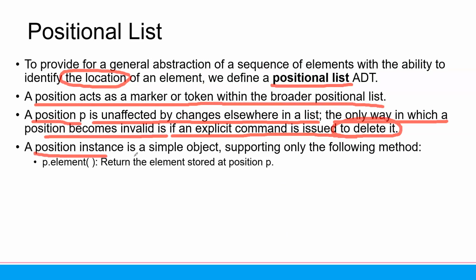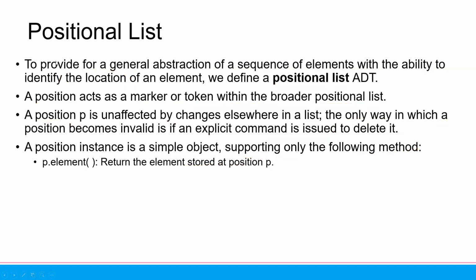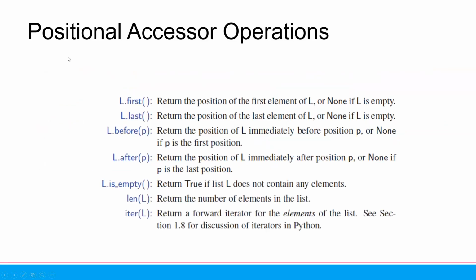A position instance is a simple object supporting only the following method. If we have P dot element, it means return the element stored at the position P. So we will define the position with a kind of notation. In the positional operations, we have several more operations. Let's say L is the list.